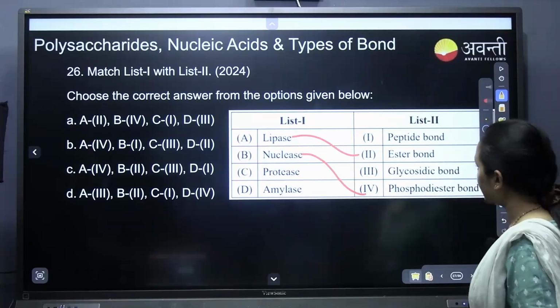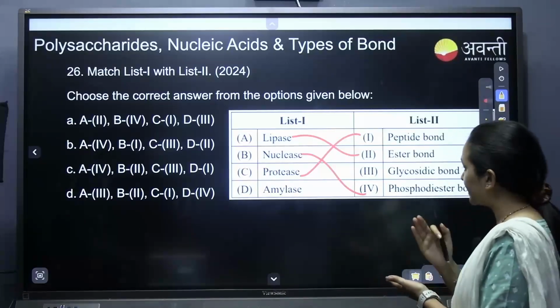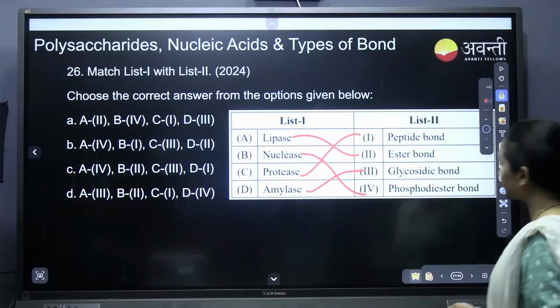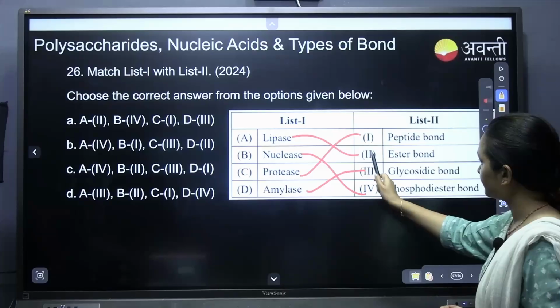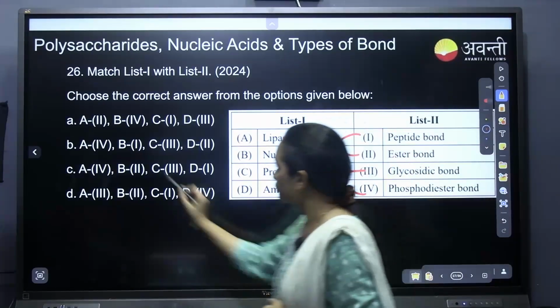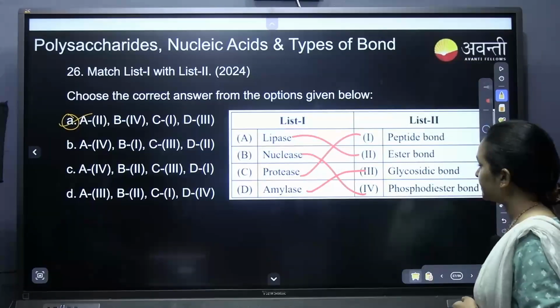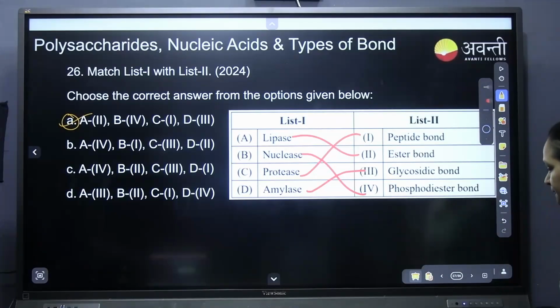Protease lyses the peptide bond. Amylase lyses the glycosidic bond. So can you match it? A2, B4, which is only in one option, that is A. C1, D3, yes, correct. A is the correct answer.